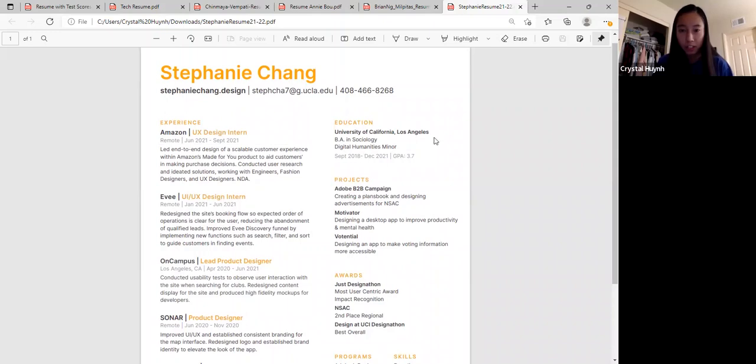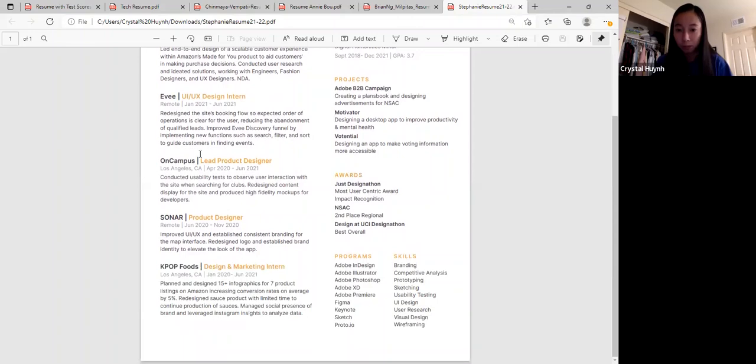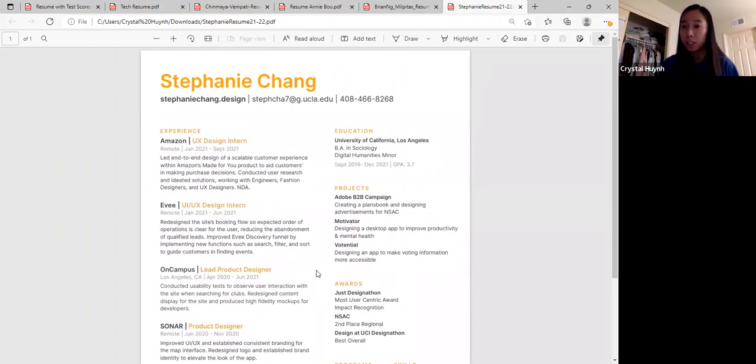Project experience, her education is here, but in terms of layout, she decided to highlight her experience more, since it's the first thing that you read on the left side, and then end with skills and programs here. So just something to note in the order, we all had slightly different orders in where we place things, but again, it's pretty much up to you.